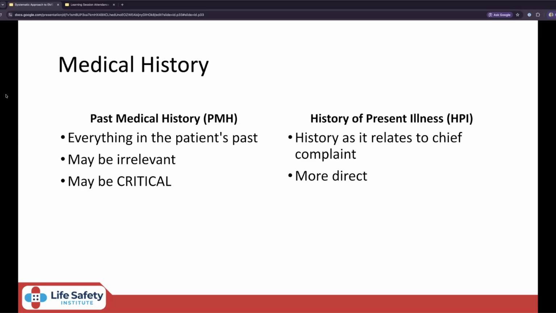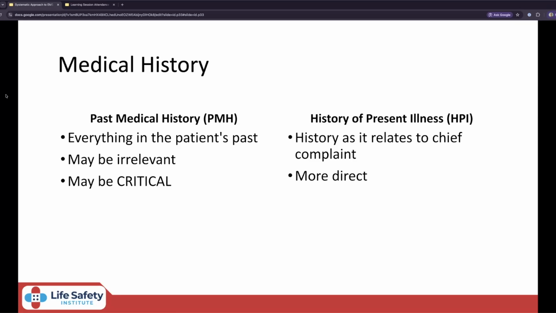Many times it may be irrelevant, but sometimes it's critical, right? If you get there and they're complaining of chest pain and difficulty breathing, and they had a heart attack a year ago, hey, okay, this is pretty critical. If they had their tonsils out at 13 and they're now 80 years old and they're complaining of GI bleeding, the tonsillectomy is irrelevant, right?